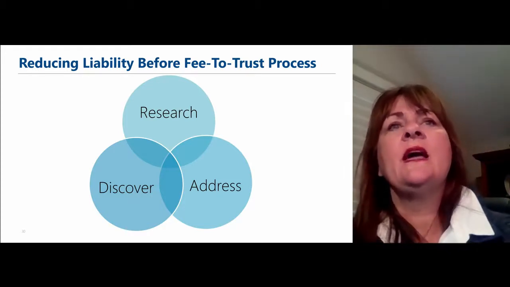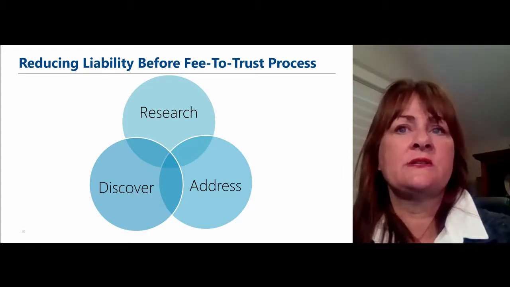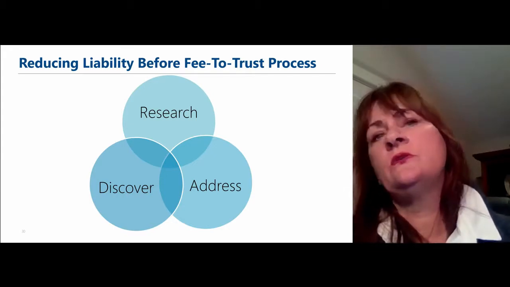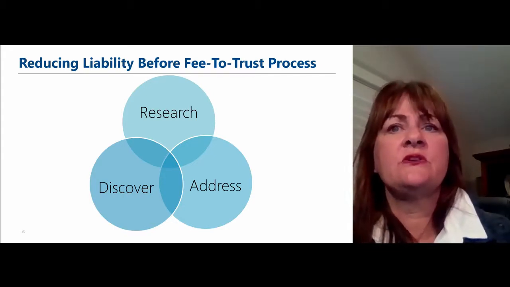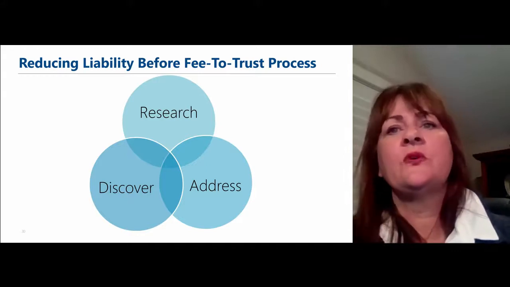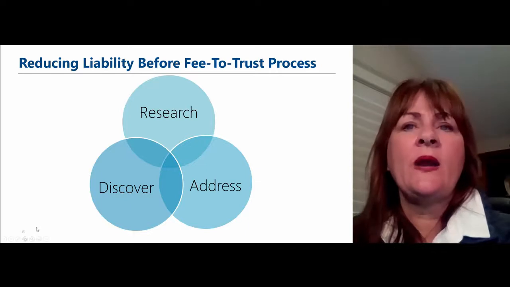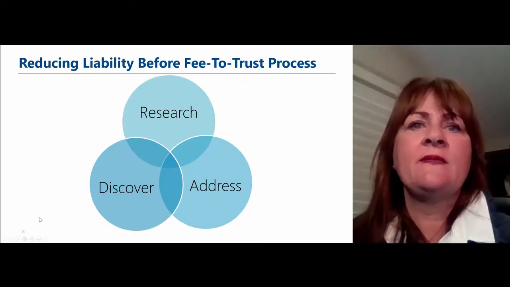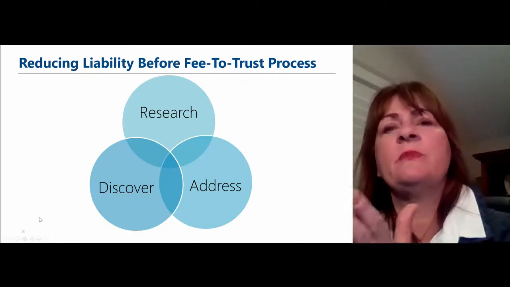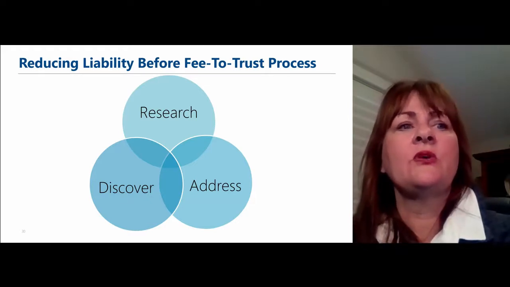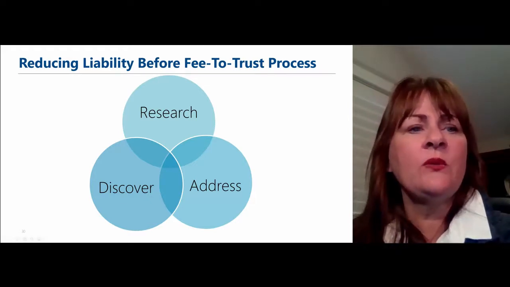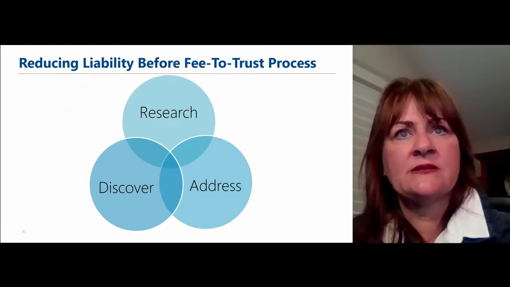And then you can address those environmental concerns even before you hire an environmental professional to do that Phase 1 ESA, even before you put that report into your application package. That way you can demonstrate to the BIA that there were some issues out here, but they've been buttoned up and they're no longer an issue. And it won't hold up the application process.